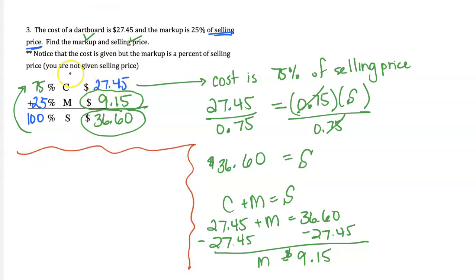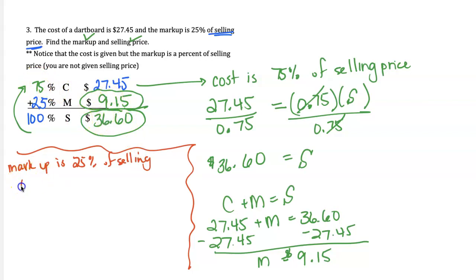Before I go on to the next video, let me just remind you right here in red why I chose to use a completed row to make my sentence and make my equation. Typically, I would have used the middle row. Markup is 25% of selling price. But remember, in the beginning, we didn't have all the green information.